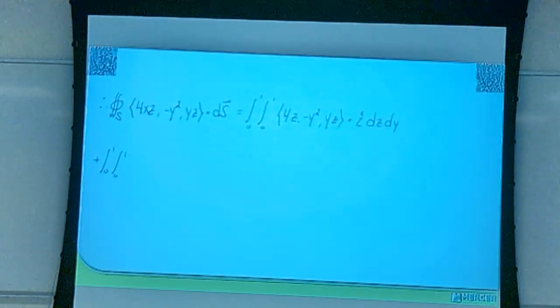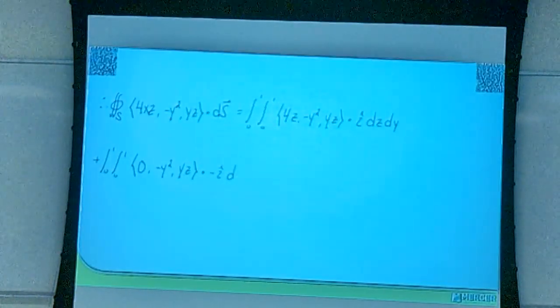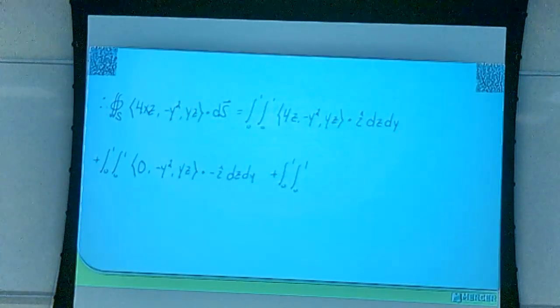X becomes 0 now, right? Now we're doing left and right, right?